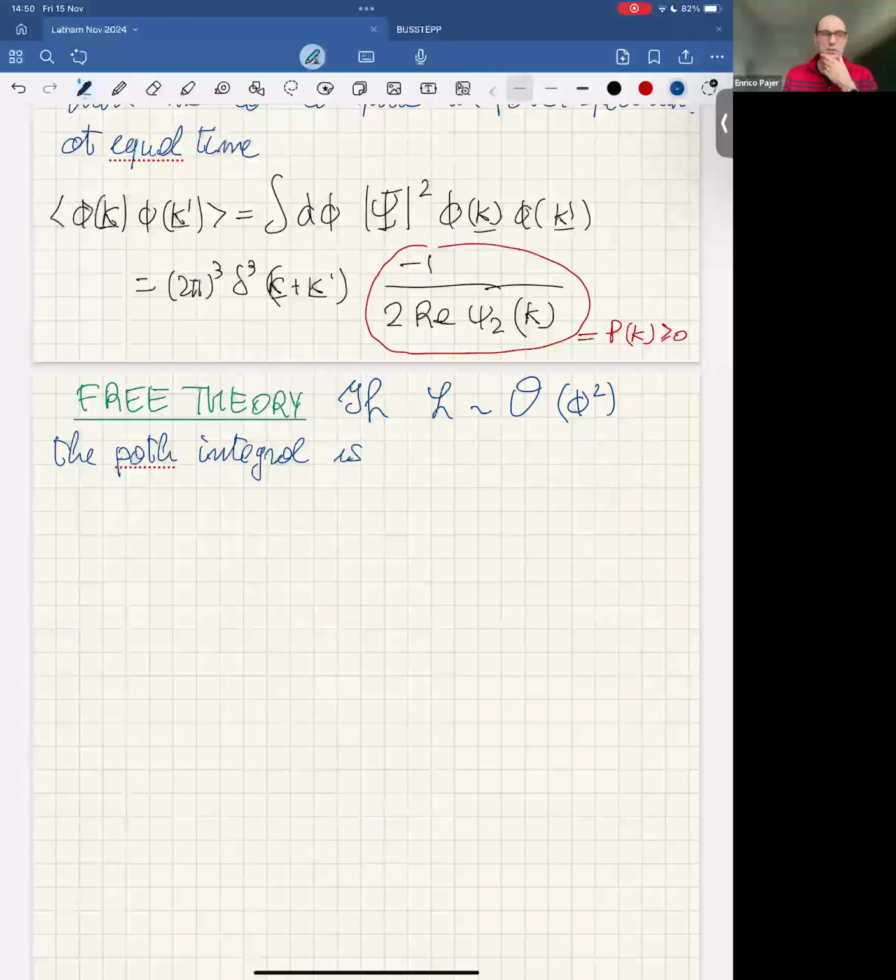That's how classical physics emerges from quantum mechanics. But if we talk about free theory, this approximation is actually exact.